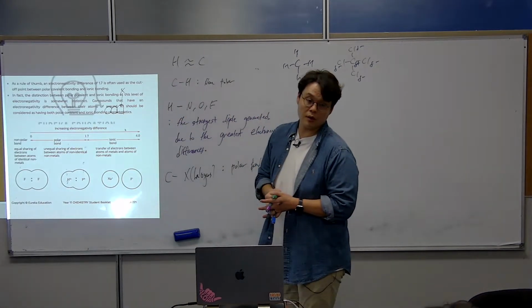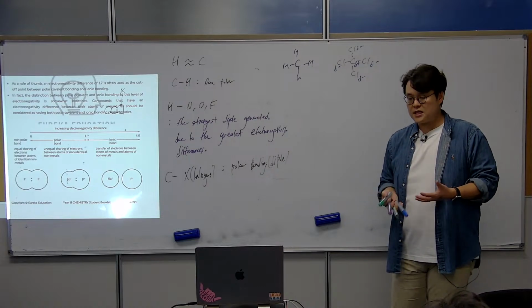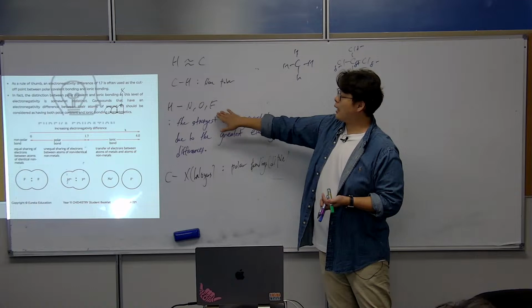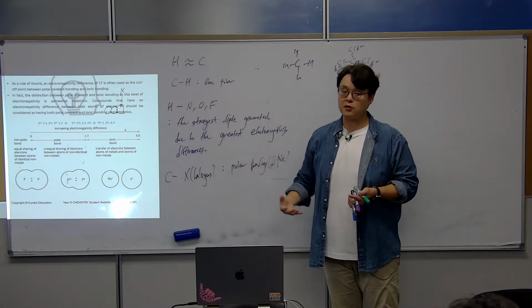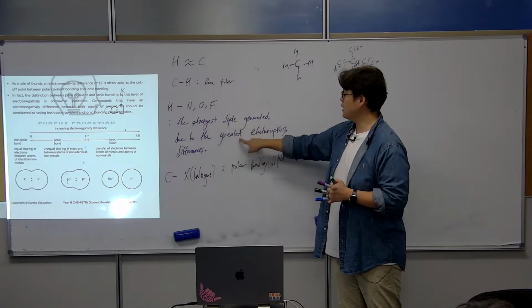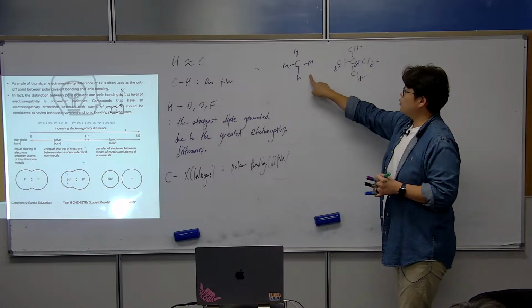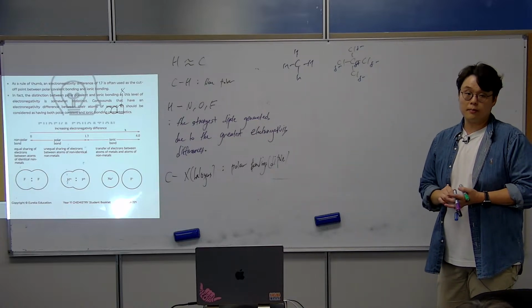But you don't really need to memorize the 1.7 as a standard. I'm just giving you some straight cuts: hydrogen with nitrogen, oxygen, fluorine has the greatest electronegativity differences, therefore forming the greatest, strongest dipole. Carbon with some of the halogens, we also can form polar bonds as well.